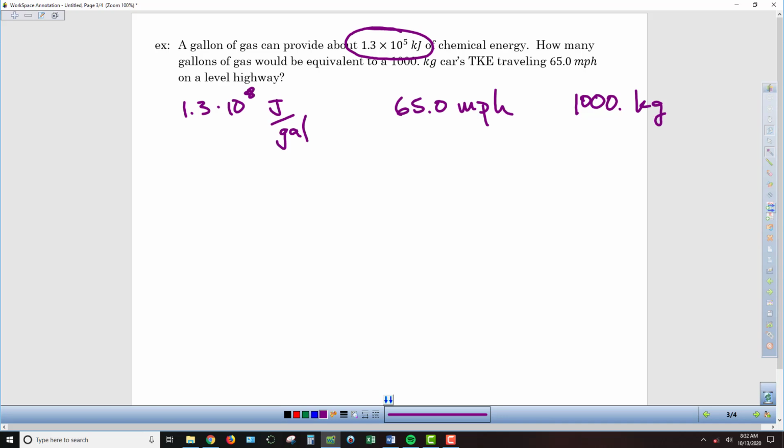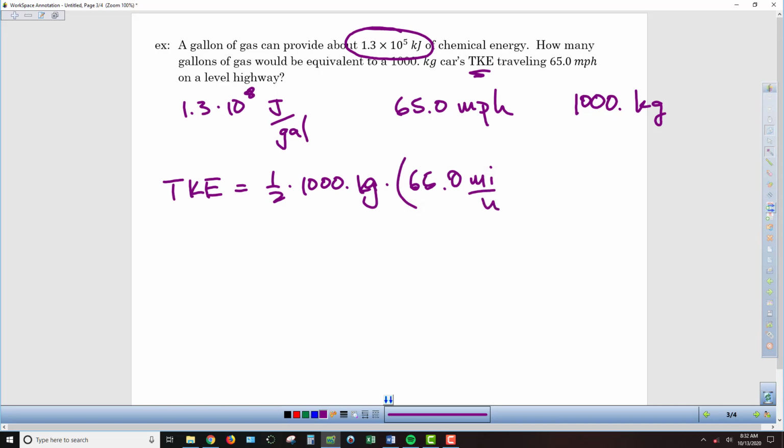So if we think about the kinetic energy equation that we have, we can start there. Our KE in this circumstance is going to be 1/2 times the 1,000 kilograms times the velocity of the car, so that's our 65 miles per hour squared.